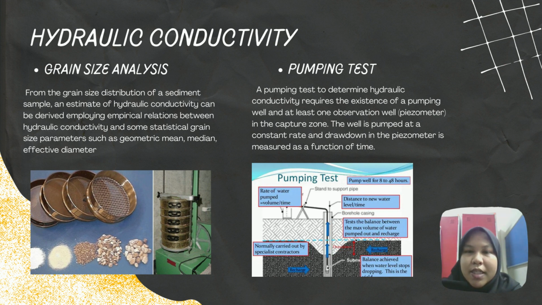A pumping test to determine hydraulic conductivity requires the existence of a pumping well and at least one observation well or piezometer in the capture zone. The well is pumped at a constant rate and drawdown in the piezometer is measured as a function of time.